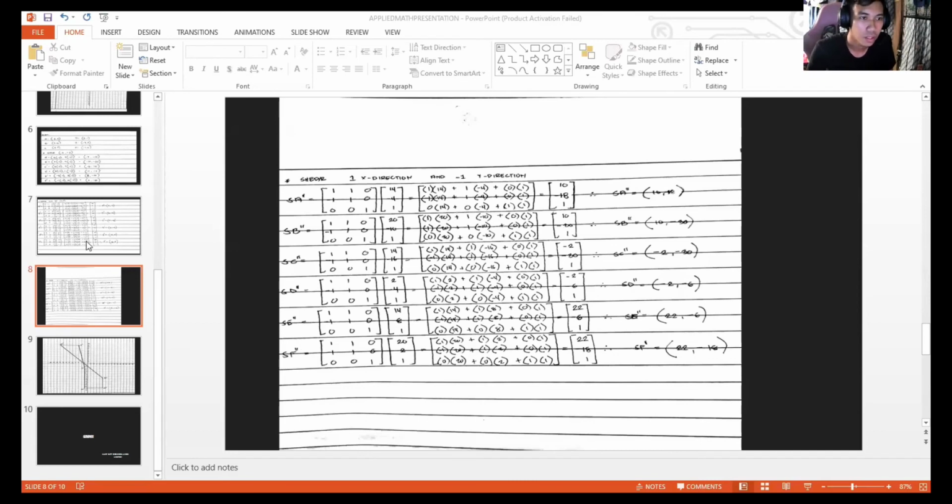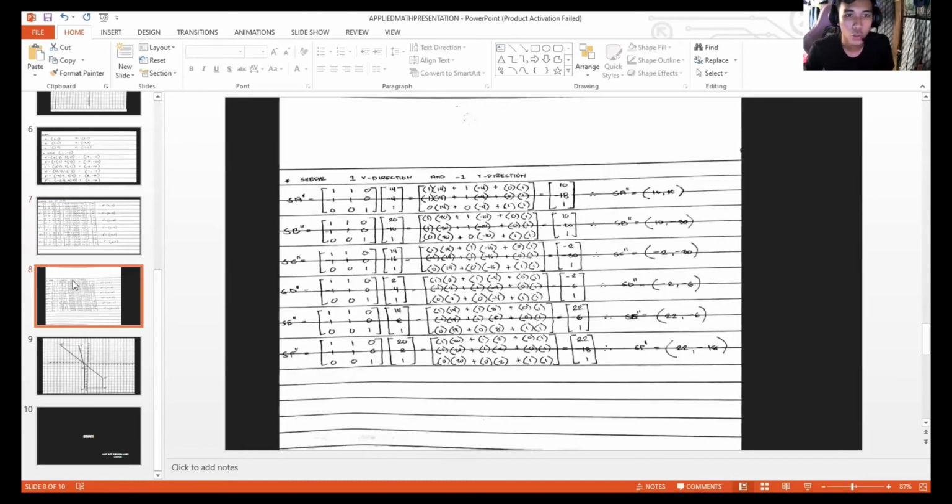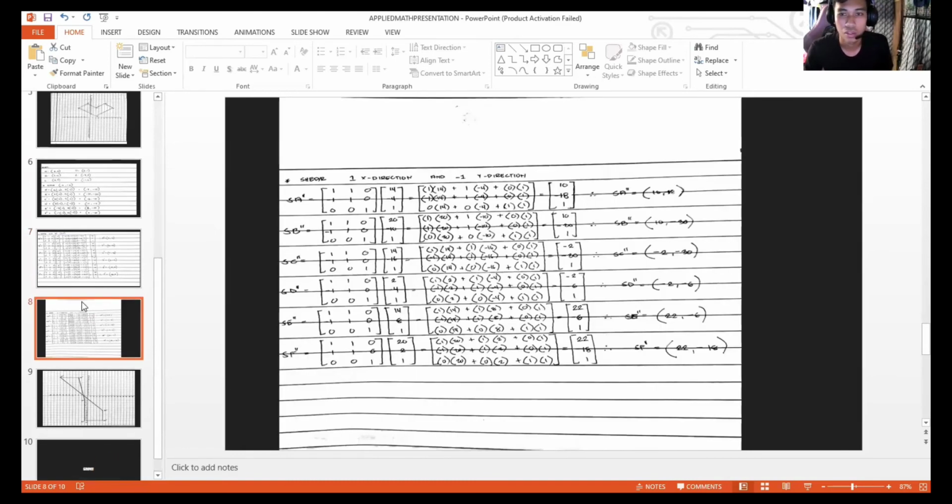Okay, since we are done rotating our object and we already came up with a new answer, let's proceed to our last step. So the last transformation is shearing.